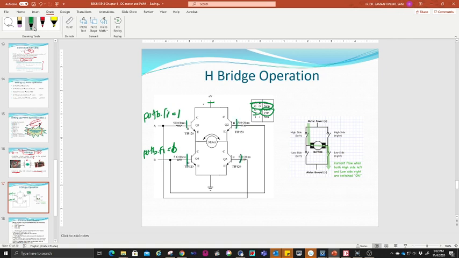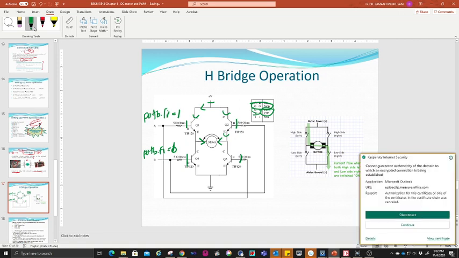It means that right now the current is going here, going here, going here, and going here in opposite directions. Then you can see that your motor is going to be stalled. They call it stall. It cannot move.